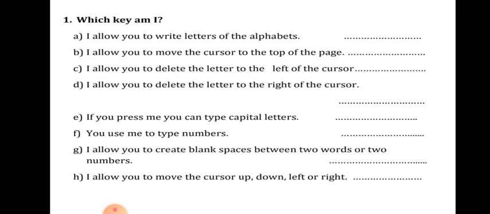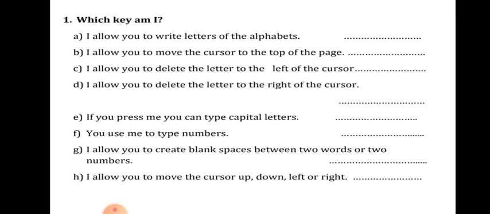I allow you to delete the letter to the left of the cursor. This is the backspace key. I allow you to delete the letter to the right of the cursor. This is the delete key. If you press me, you can type capital letters. This is the caps lock key.